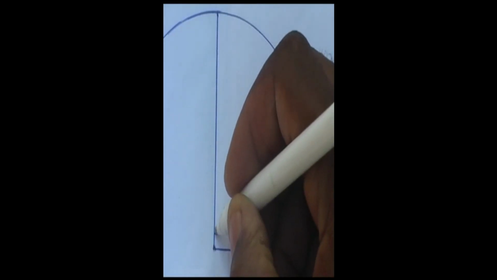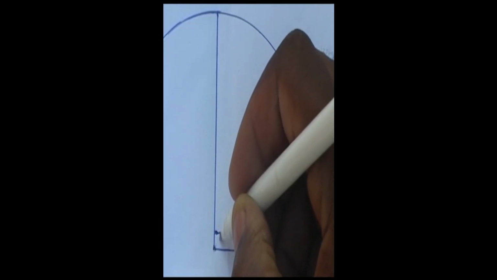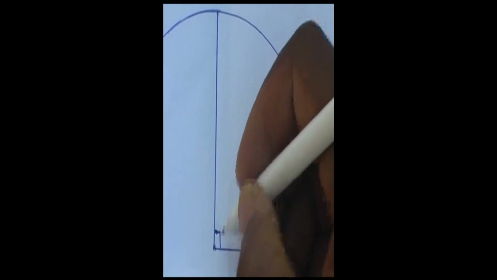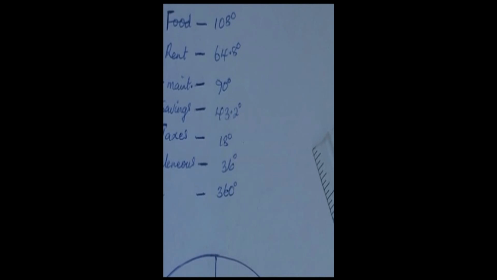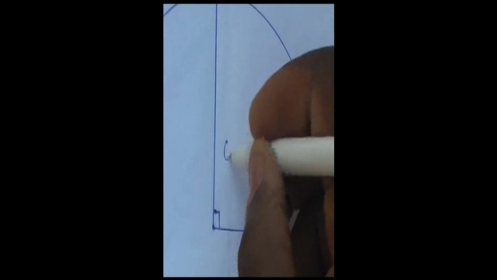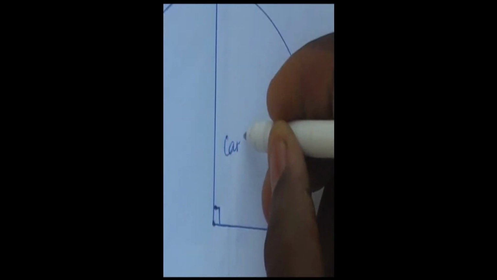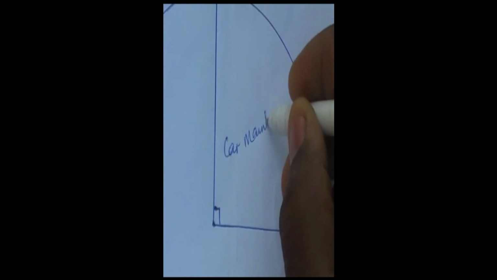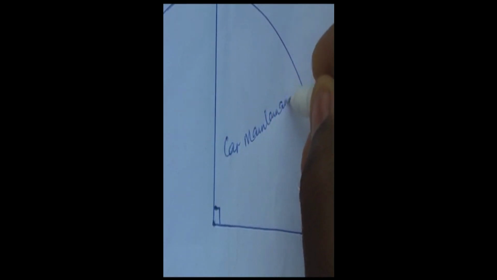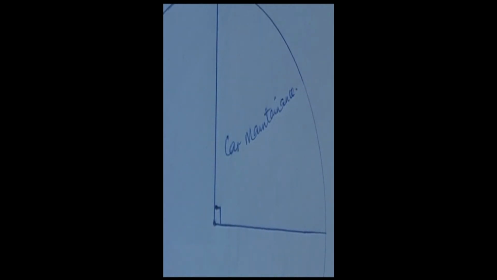So you can put a block here to show that this is 90 degrees. And you can see that this 90 degrees represents car maintenance. So inside here you can write car maintenance. So you are finished with car maintenance.